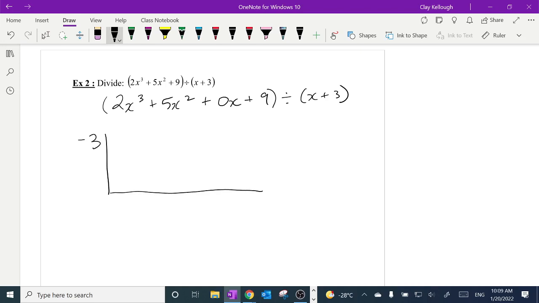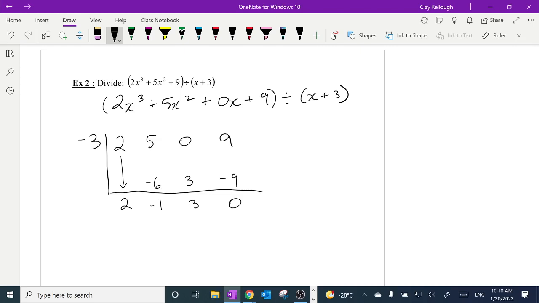Make my chart, and then use the coefficients of the polynomial I'm dividing into: 2, 5, 0, 9. The 2 always just ends up being itself. -3 times 2 is -6. 5 add -6 is -1. -3 times -1 is 3. 0 plus 3 is 3. -3 times -3 is -9. 9 add -9 is 0.